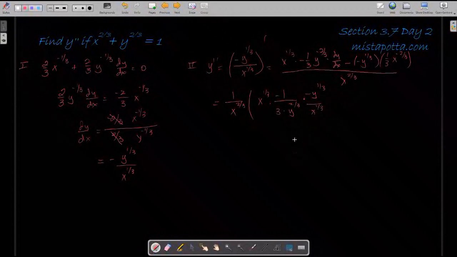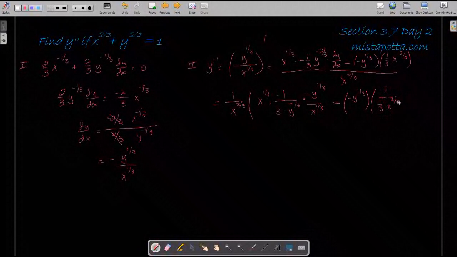And some magic is going to happen there. Minus, here I've got negative y to the 1/3 times 1 over 3x to the 2/3. And so I see a couple of things that I can do here.